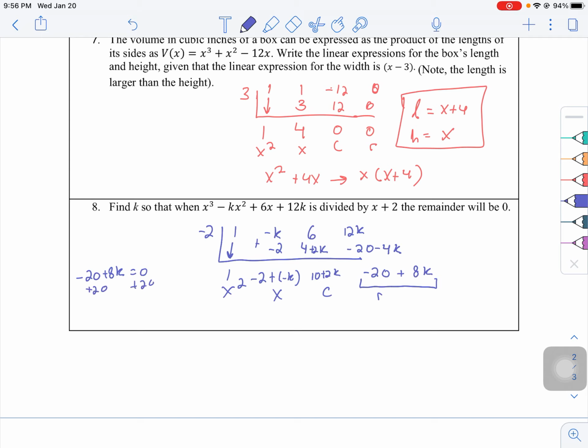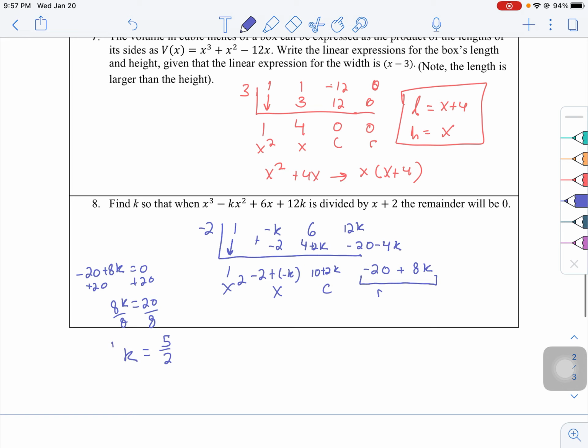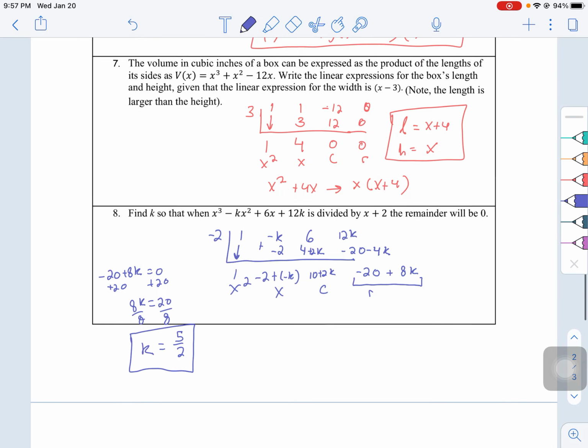Add 20 to both sides, and you get 8k is equal to 20. Divide both sides by 8. You get k is equal to 20 eighths, or if you divide both of those by 4, the biggest number, you get 5 halves. So the k value that makes this remainder 0 is 5 halves.